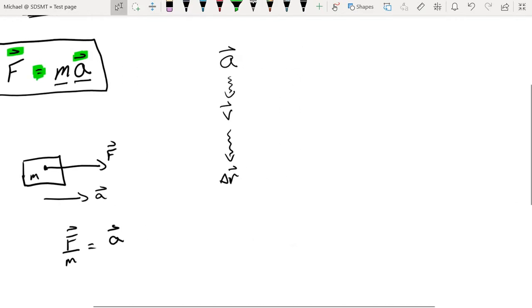And what this means is that we could apply the same force to two different masses. Call this mass 1 and mass 2. And the way I've drawn this, mass 1 looks considerably larger than mass 2.